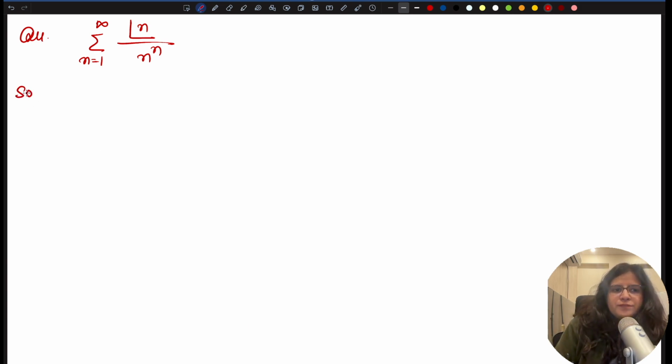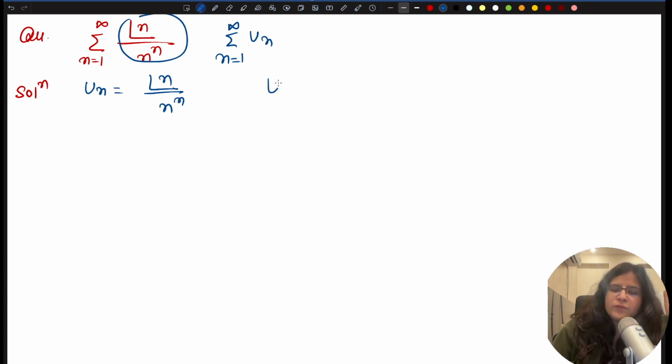So solution. Here un is equal to n factorial by n to the power n, है ना. Summation n going from 1 to infinite, this is un only. The nth term is given to us. Now un plus 1 is equal to n plus 1 factorial divided by n to the power n plus 1.